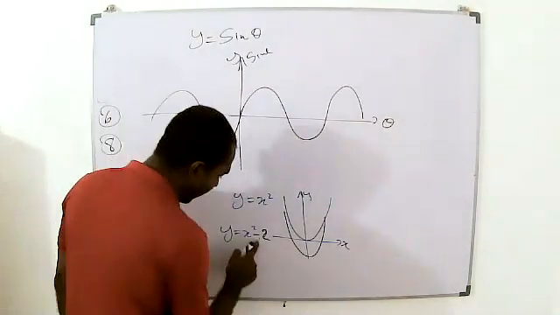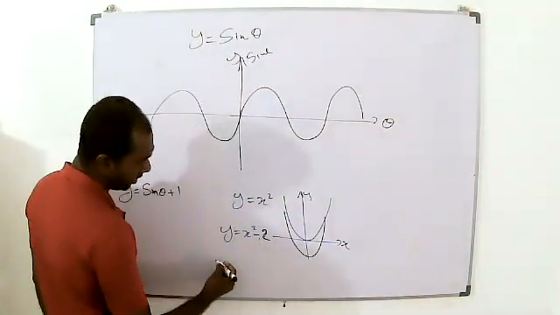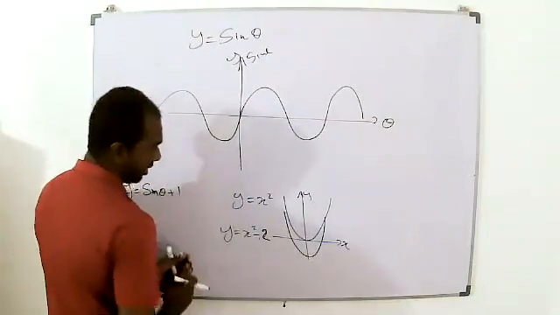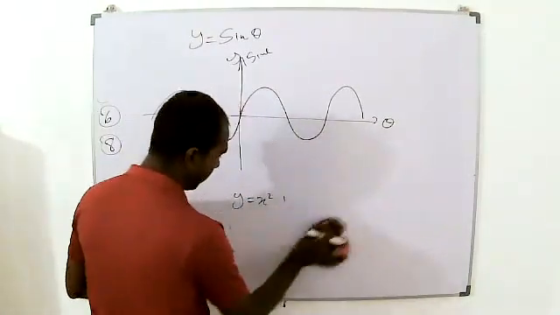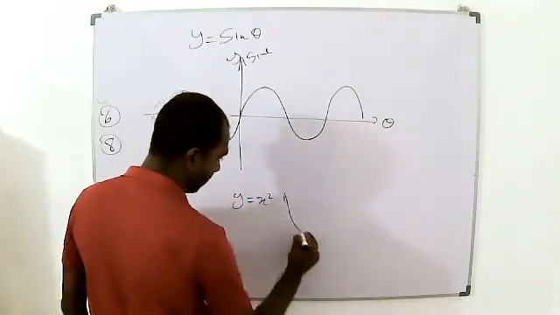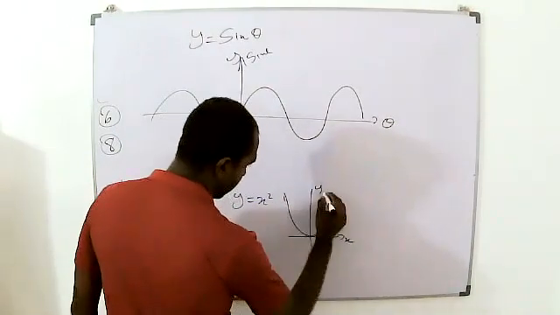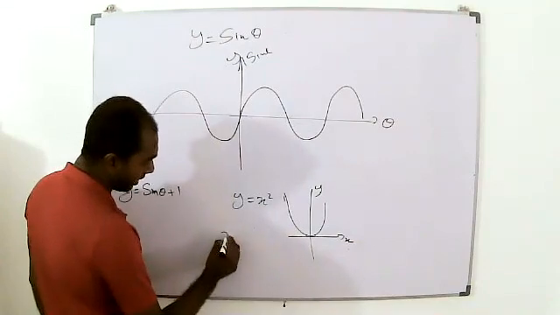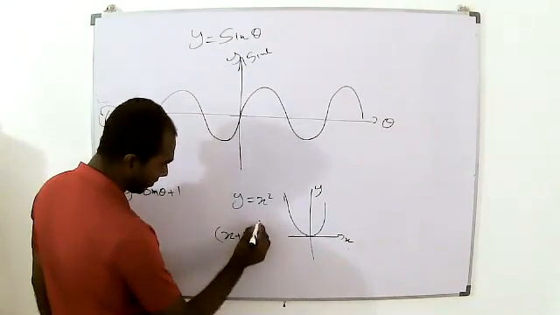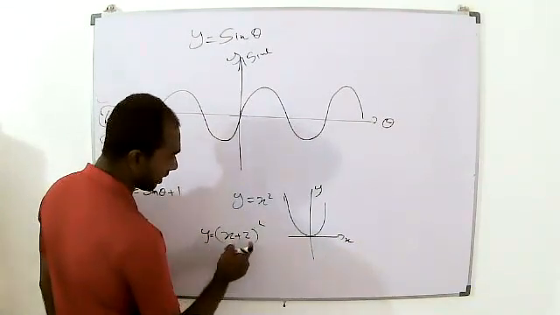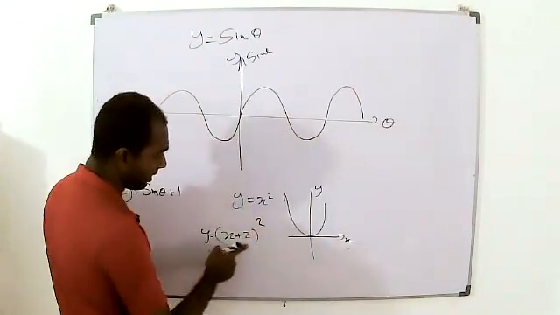So what happens if I add 2 inside? Now we know only this is how it is. This is y, this is x. What if I just add x plus 2 to the power 2? How can I find y equals x plus 2 to the power 2? This is an internal addition.